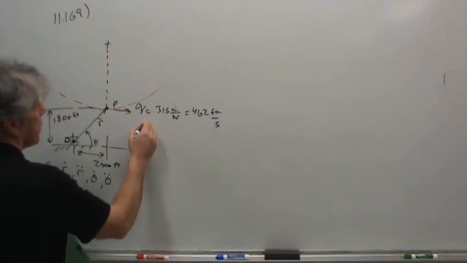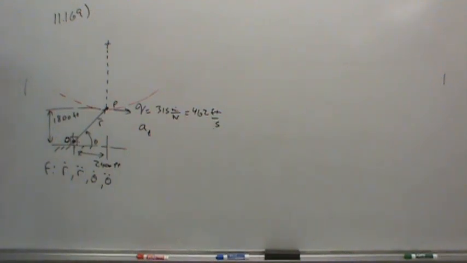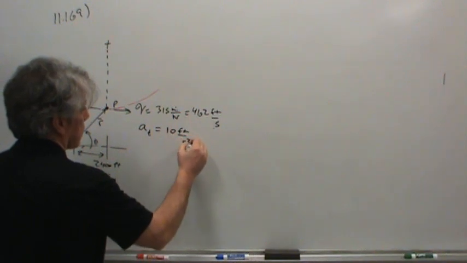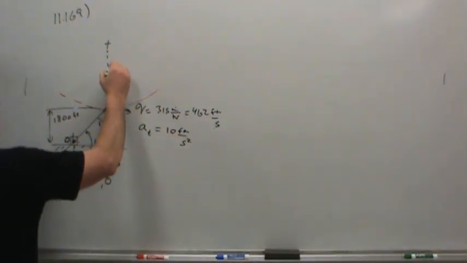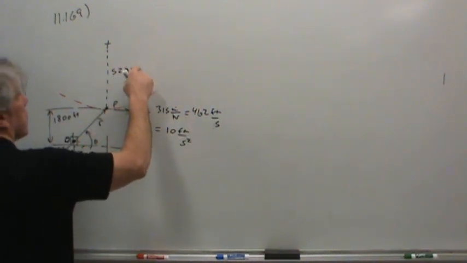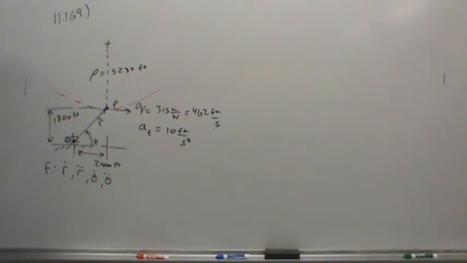In fact, they gave us the tangential acceleration. How do I know it's the tangential and not the normal acceleration? It's because they said the speed is changing at a rate of 10 feet per second squared. So this is tangential acceleration, 10 feet per second squared. And they told us that 5280 feet is the radius of curvature of the path it's on.